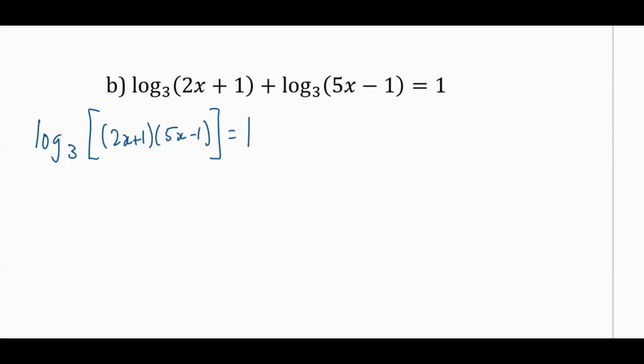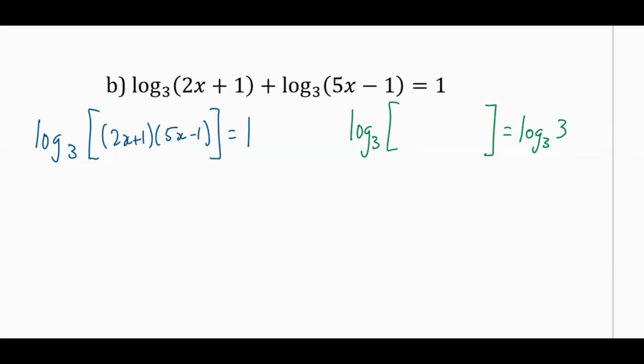And the difference, if you do it the other way, this part's the same, but you want to turn this into log base 3 of something. So log base 3 of what equals 1? 3 to the 1, or 3, yes. So I turned 1 into log base 3 of 3.